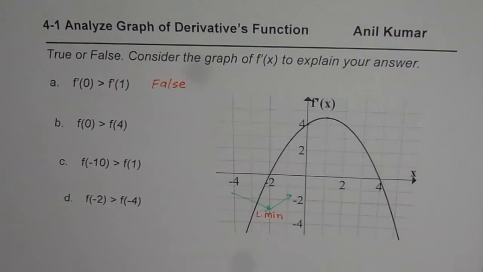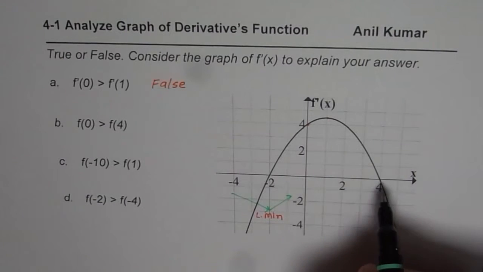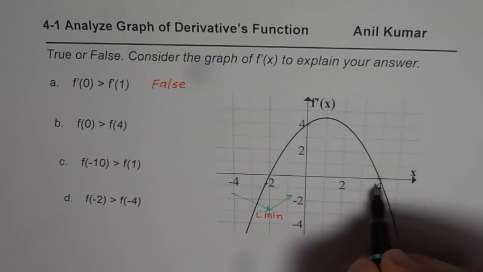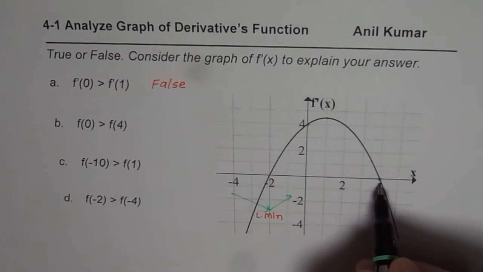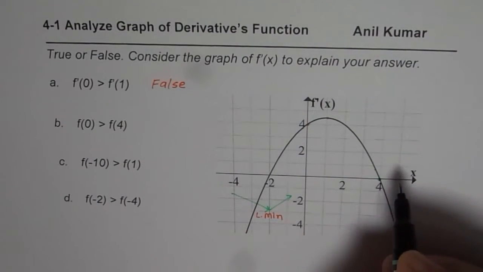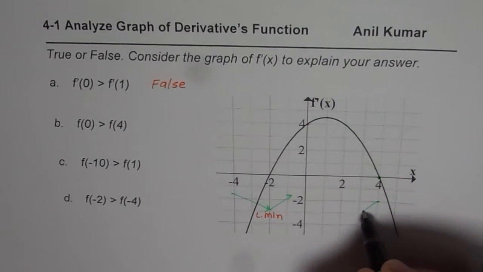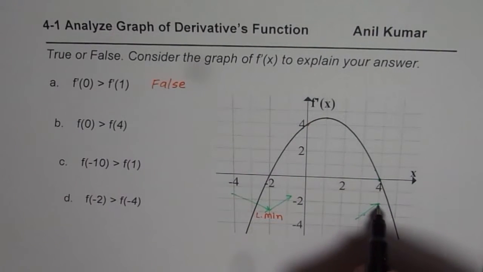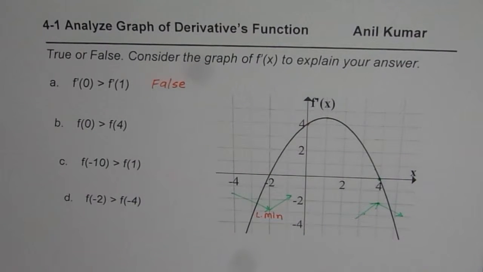Now on this side there is a 0. 0 means there is a turning point on the function itself. This turning point should be a maximum since the derivative changes from positive to negative. Positive means increasing slope for the function, and decreasing slope will be negative. So this point should be a local maximum.